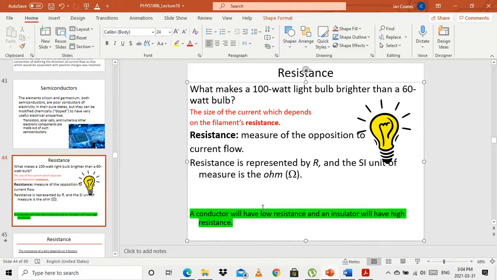So conductors have a low resistance. An insulator, like rubber boots or rubber gloves when dealing with electricity in the wall or something like that, has a very high resistance. So the higher the resistance, the closer you are to being called an insulator, where it stops the electrons from flowing.